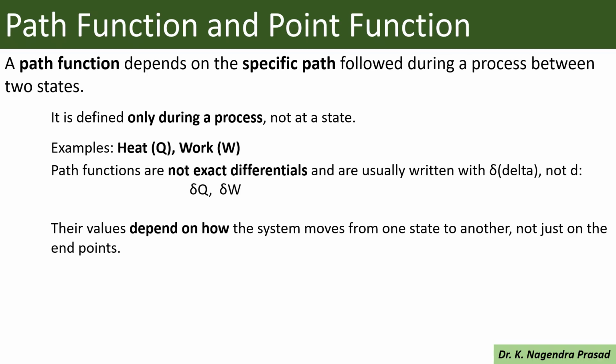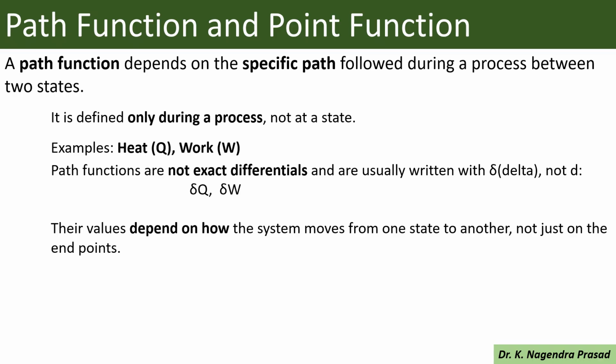Path functions are not exact differentials and are usually written with delta, not with d. Examples: delta Q or delta W. Their values depend on how the system moves from one state to another, not just on the end points.